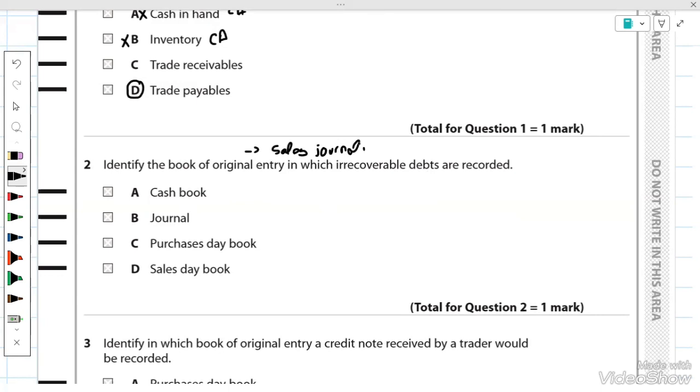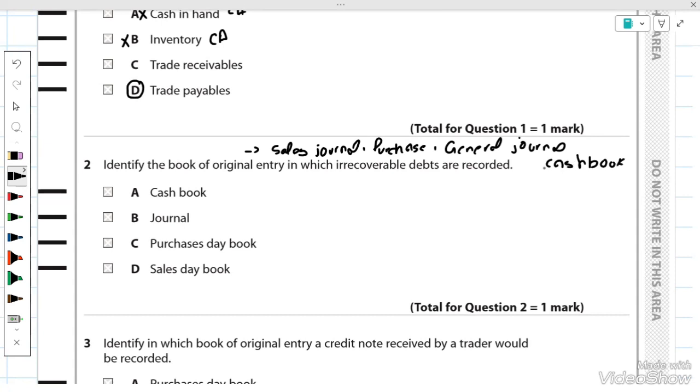All types of sales will be recorded in the sales journal, and after that the purchase journal, return inward, return outward, and cash book.